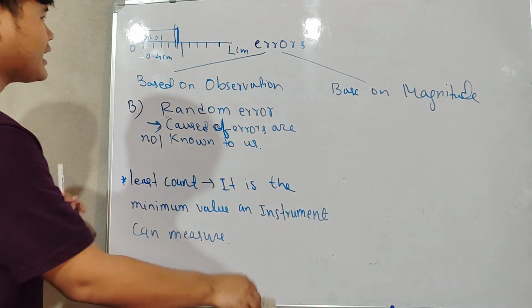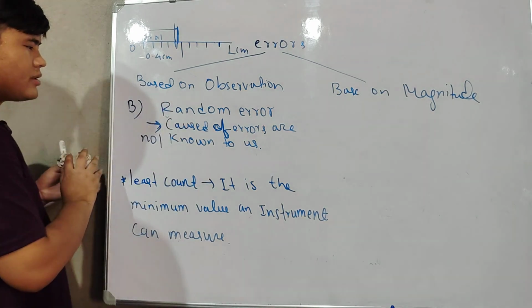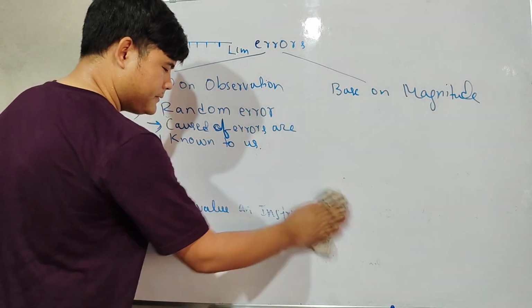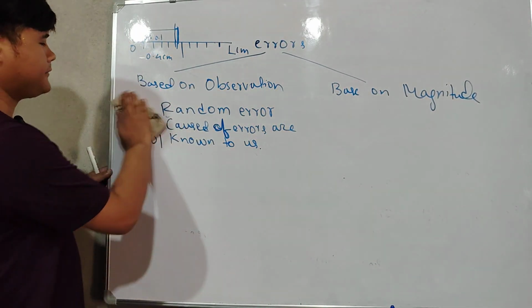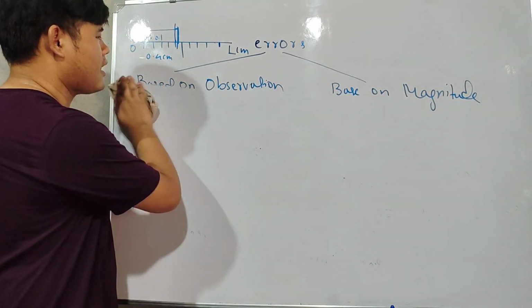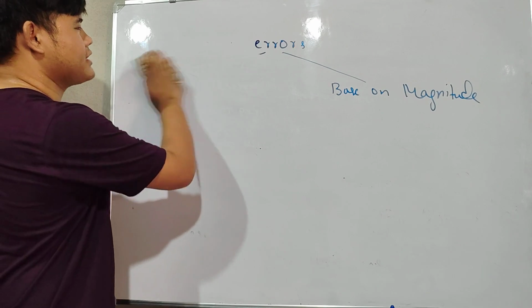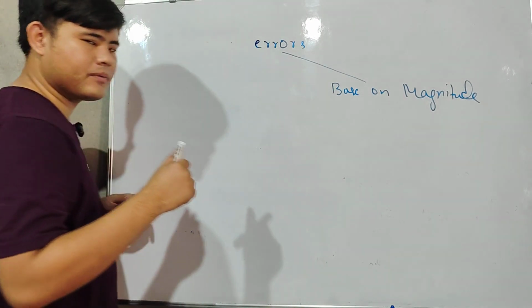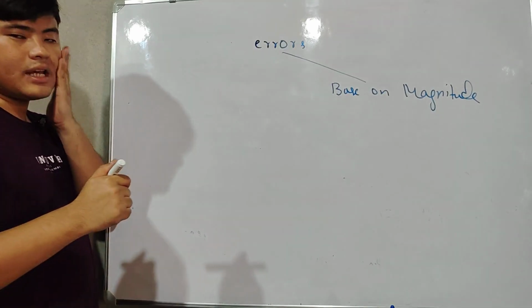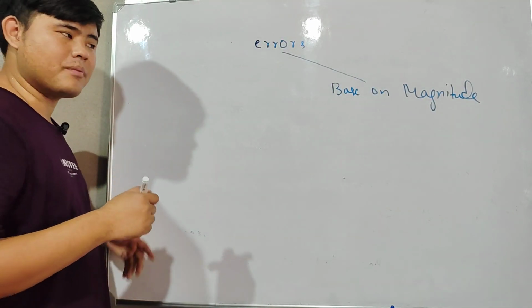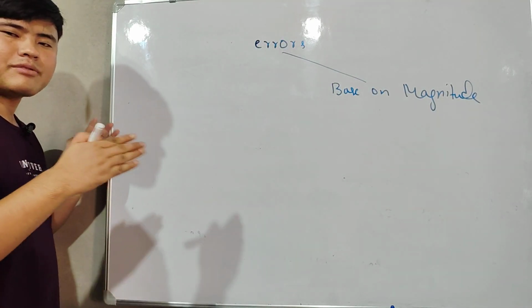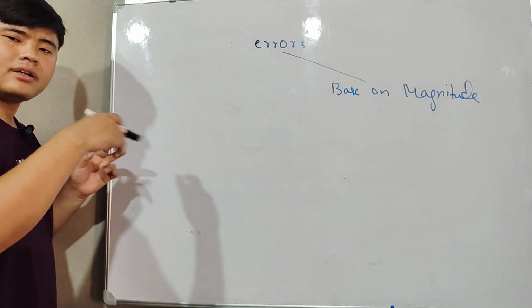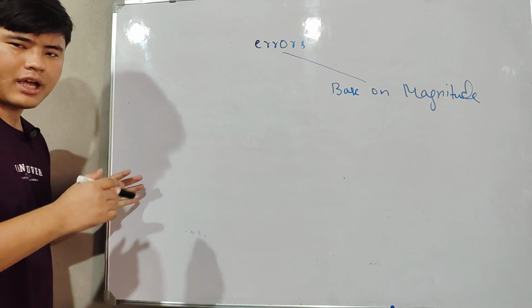Next, we go to errors based on magnitude. This one is finished. Based on magnitude we have three types of errors, and we will calculate here. Based on magnitude we try to find the quantity of errors.